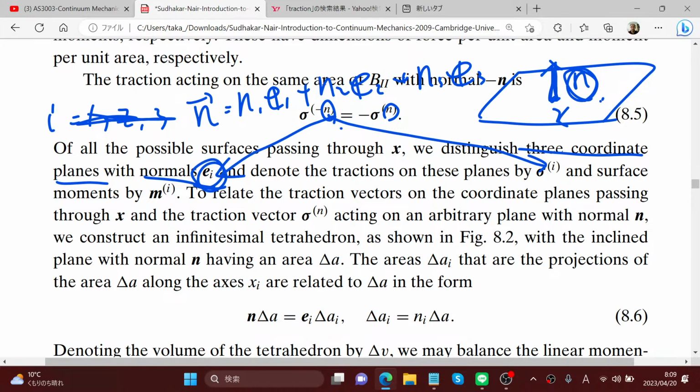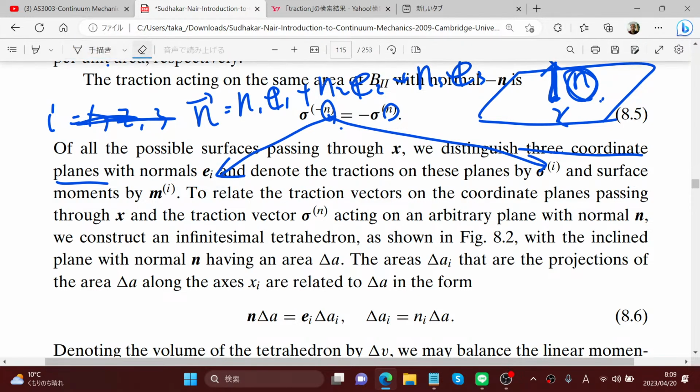The concept of moment is not clear much here, unfortunately. But I think we have to move on to relate the traction.